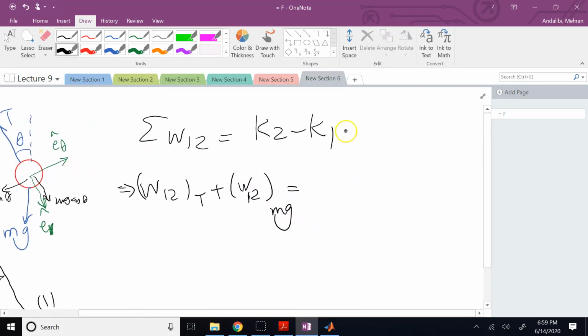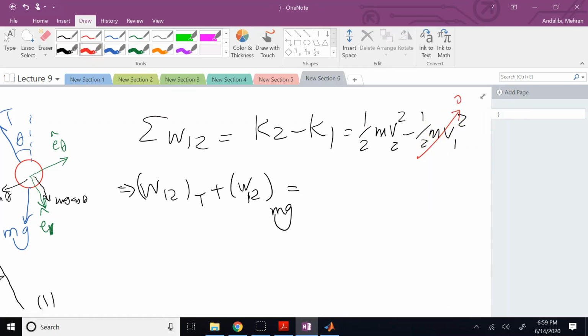And since K is 1/2 mv squared, we know initial velocity is what? 0. So this term is going to go away. And this term will directly give you the velocity that we were looking for.